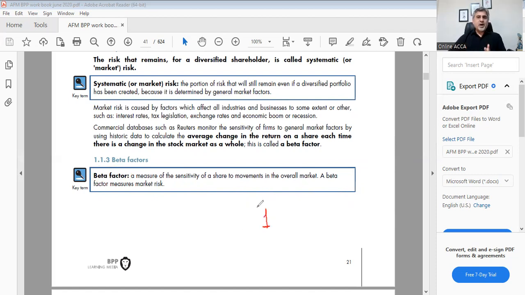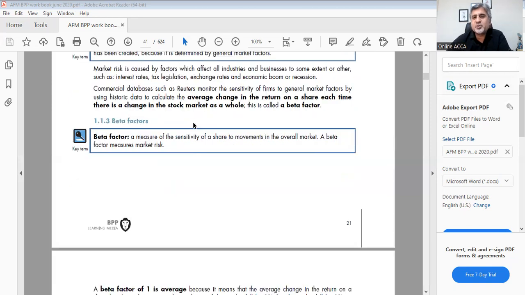Okay, so beta factor. Now, the value of beta equal to 1. Let me just go back a little bit, because I don't want to go into detail, but this is a topic I also do not want to leave totally untouched. You see, this is your economy. And within this economy, there are different companies.